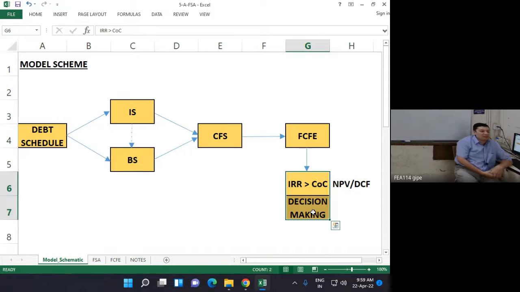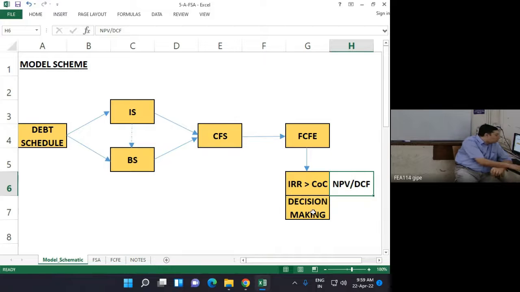Whenever we are analyzing any financial decision, you want to figure out what kind of return or value the decision is offering. And how do you estimate the return or the value associated with the decision? You estimate that based on cash flow. But how do you get the cash flows? You get them from the cash flow statement.